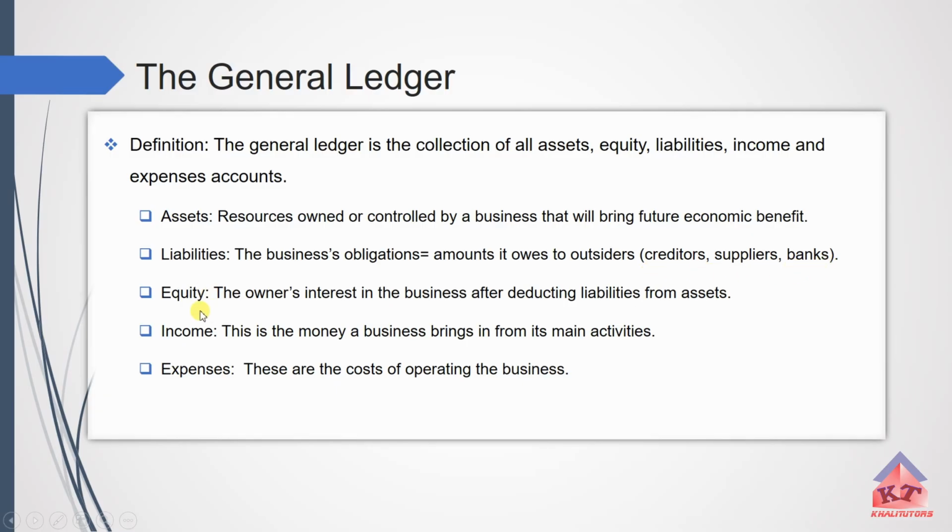Okay, and when we refer to equity, we are referring to the owner's interest in the business after deducting liabilities from assets. And when we refer to income, this is the money a business brings in from its main activities. And when we refer to expenses, these are the costs of operating the business.